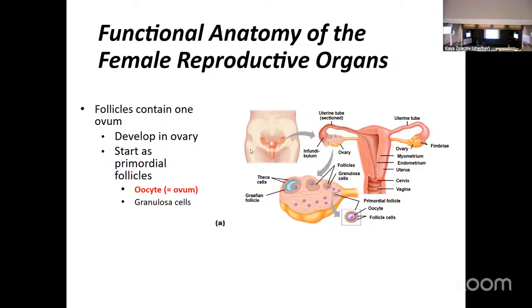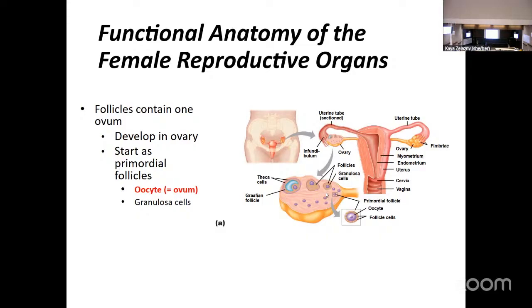And if we zoom in, within that ovary, we can see a bunch of little dots, right? So what we have developing here inside the ovary are referred to as follicles. Each of these little follicles is going to contain one ovum. So that's what we colloquially would be referring to when we talk about egg cells, right? So we're going to have ova inside these follicles.